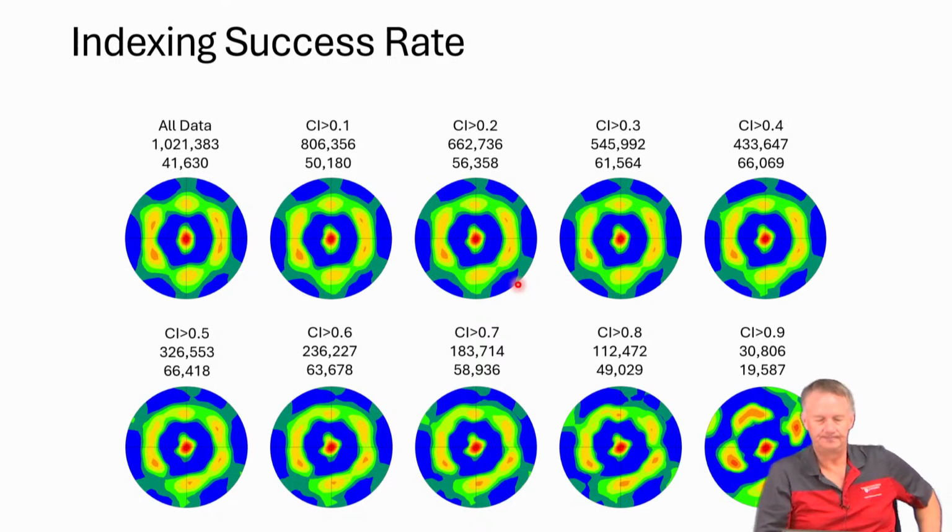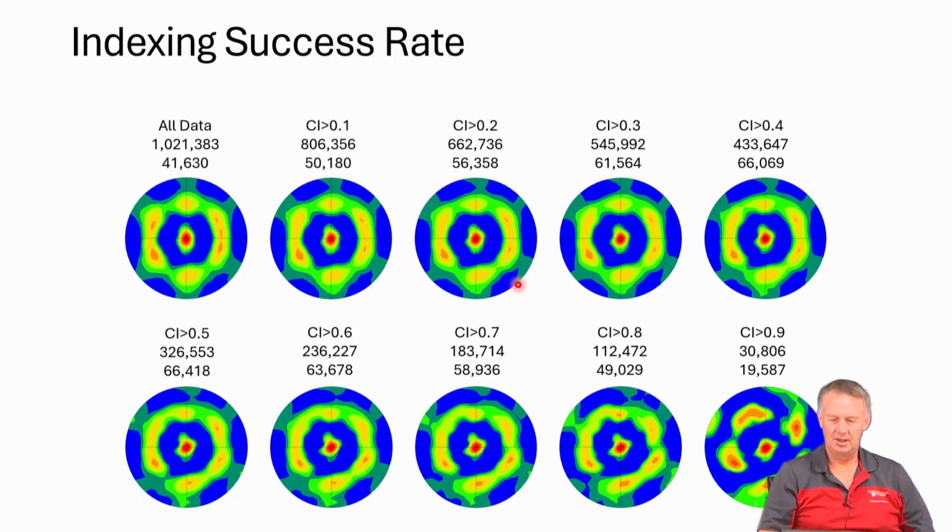Okay. I don't know that this makes a lot of difference. We're just talking about filtering the data for bad data, right? So we're taking all of the data points. This is 1 million data points here. On this one, we're taking only those that are greater than 0.1 confidence, greater than 0.2, greater than 0.3.